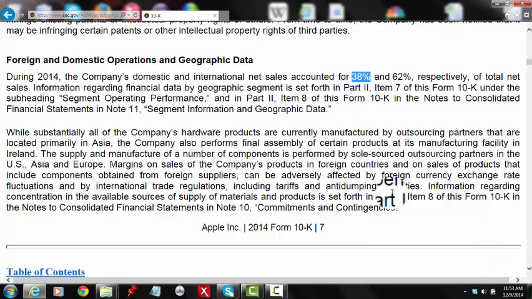Yeah, so here we can see the foreign and domestic operations and geographic data, and you can see the breakup, and also it explains other basic points.